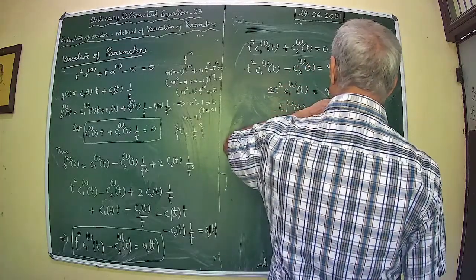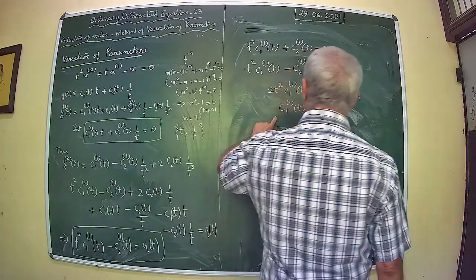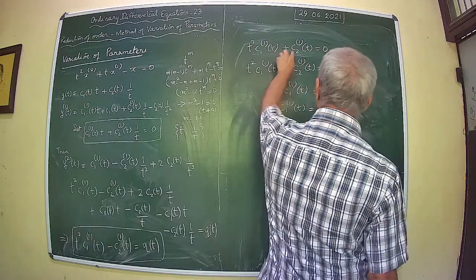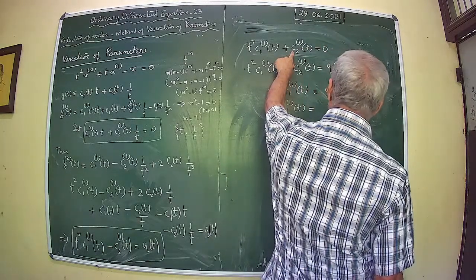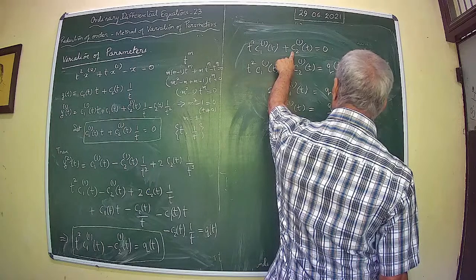For C1 derivative of t, you substitute q of t divided by 2t square.